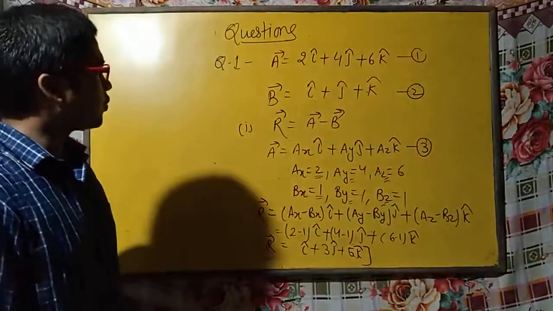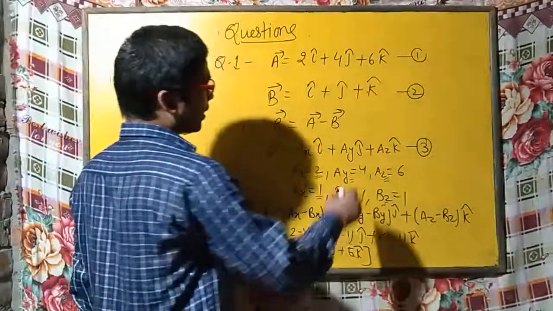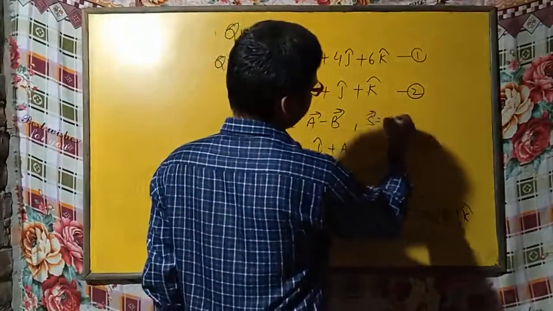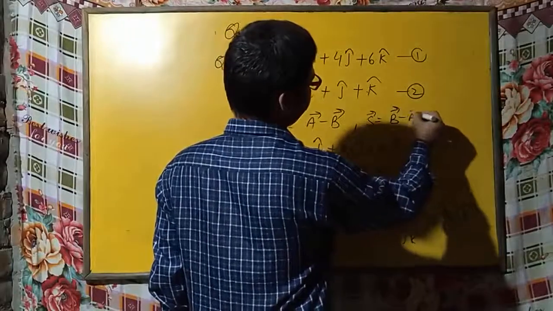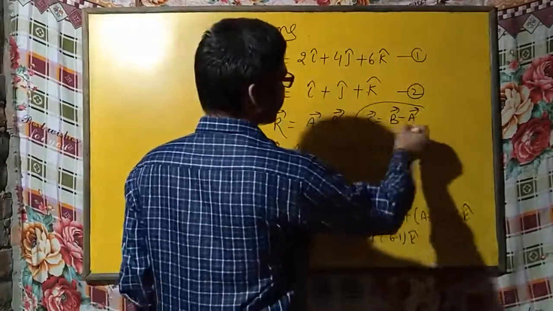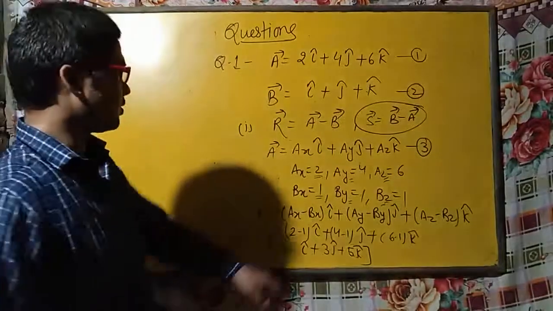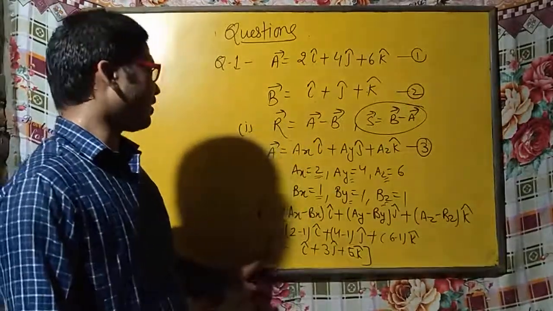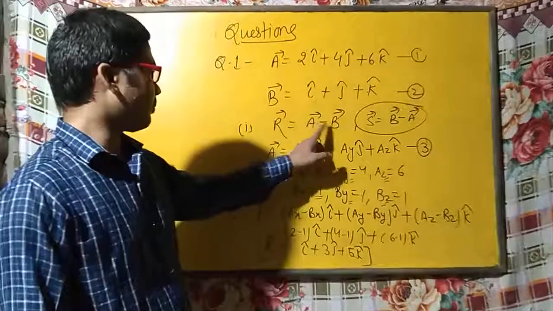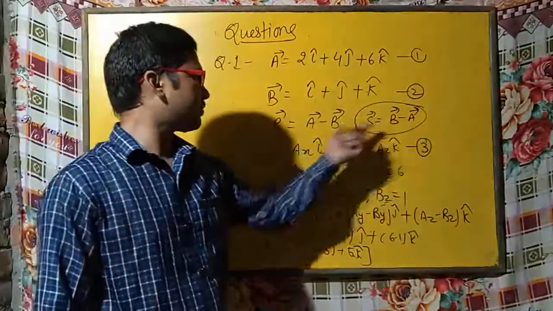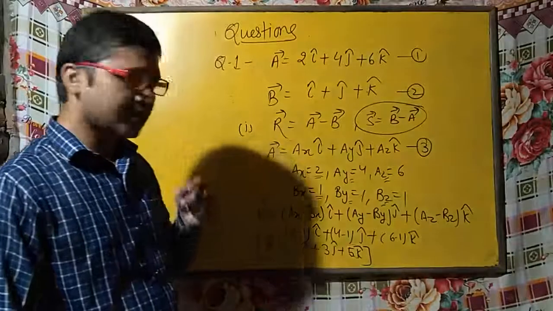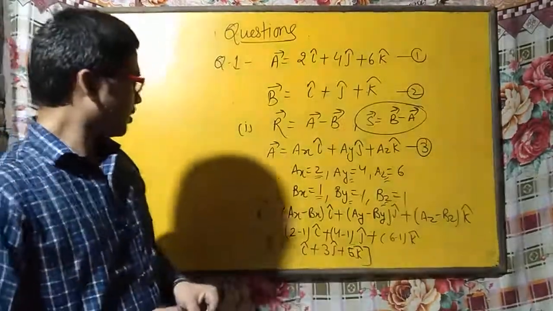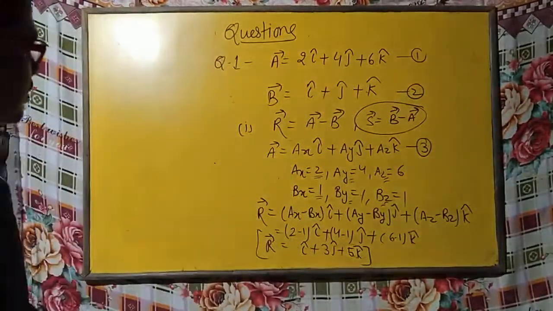Okay, now you have to find the value of s, that is b minus a. If you find this value, you will see that b minus a is not exactly equal to the value of r, that is a minus b. There is something different, and that is the direction of the two forces, or you can say two vectors.